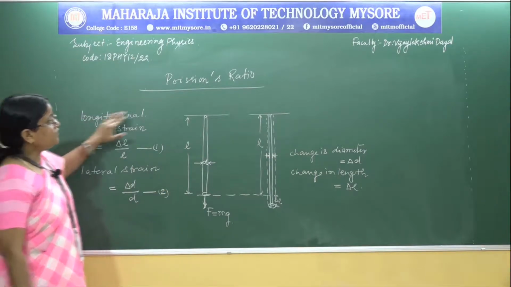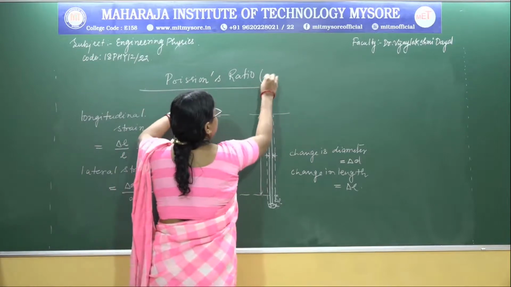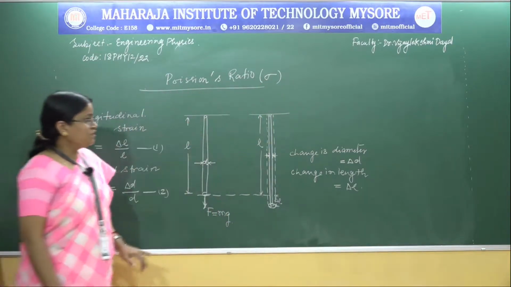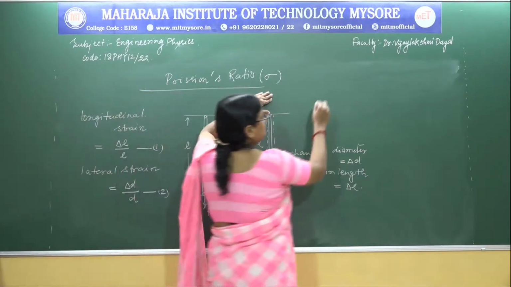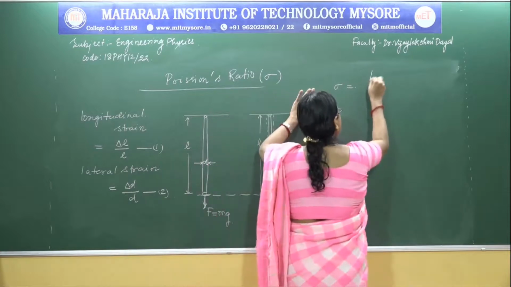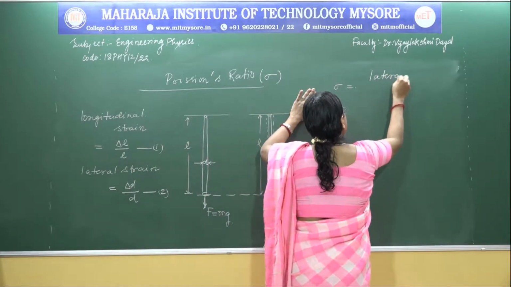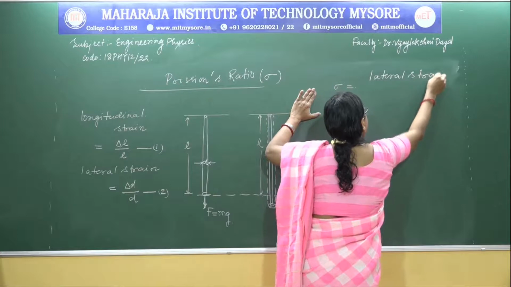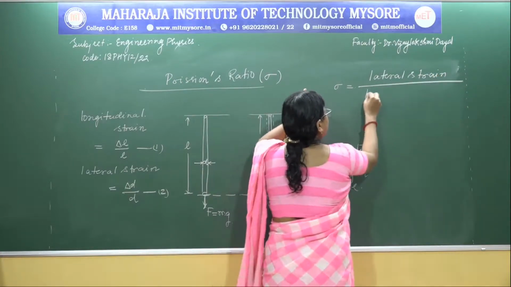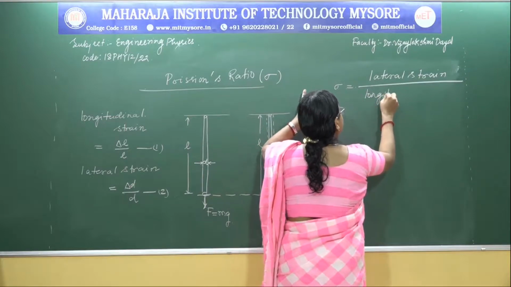Now, how do we define the Poisson ratio, which we generally denote by the term sigma? Poisson's ratio we define as the ratio of lateral strain to the longitudinal strain.